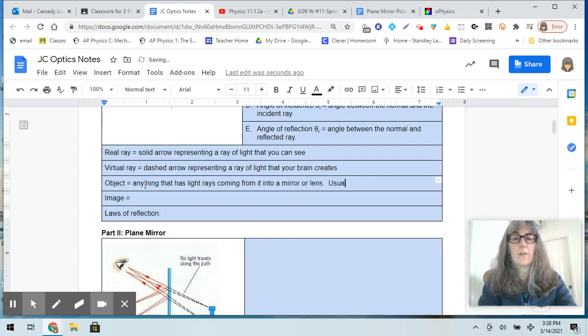We usually use an arrow. Arrows are nice because they're easy to draw and you can tell which way is up. So we usually use an arrow, but it could be anything.